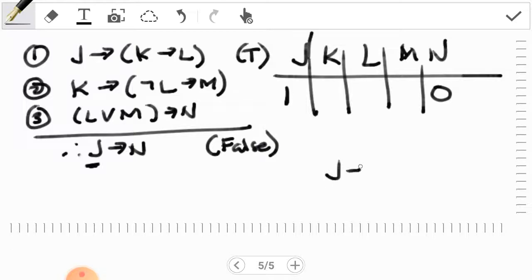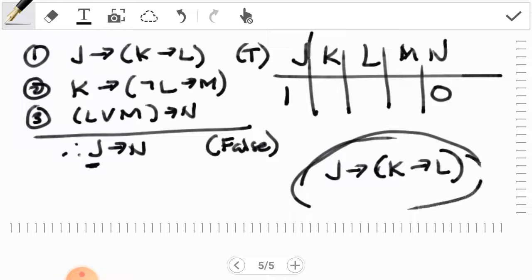Premise 1 is J implies K implies L. Remember, we want this entire proposition to be true. But J is already true. This is an implication.